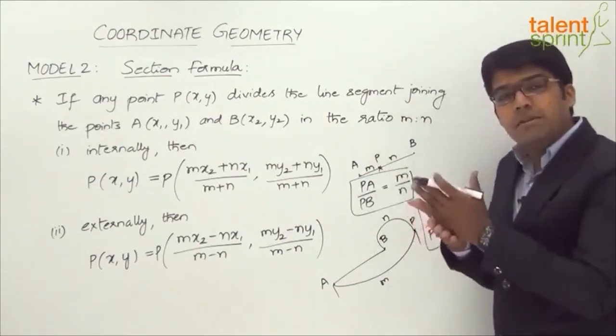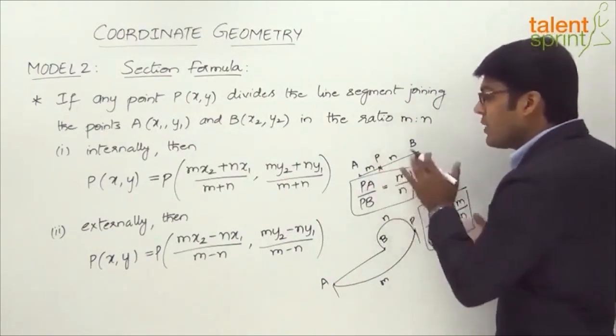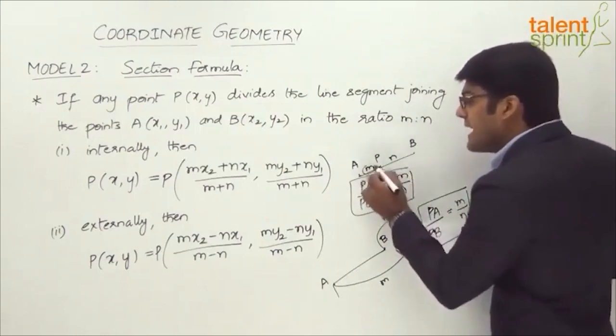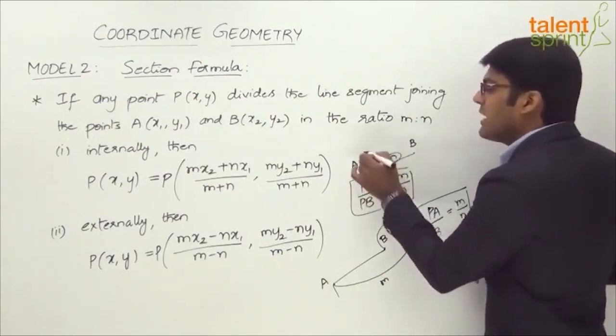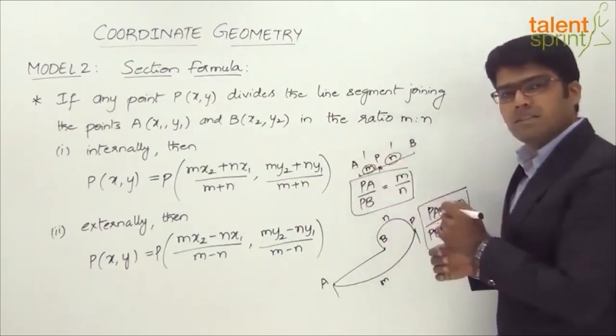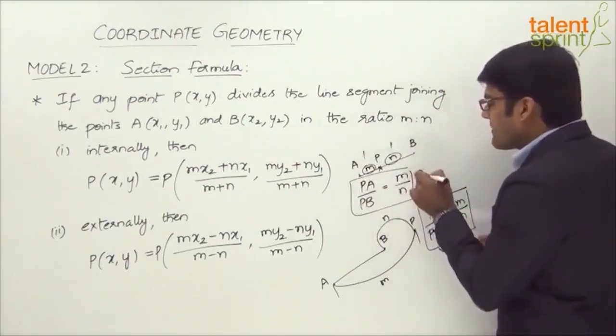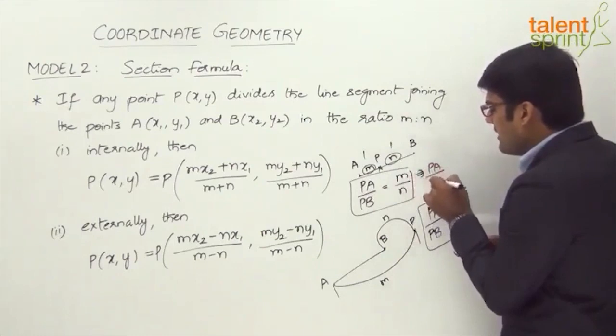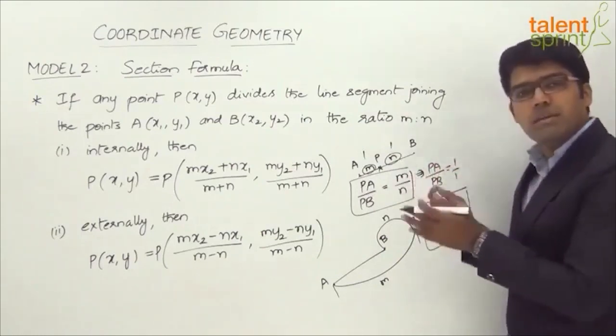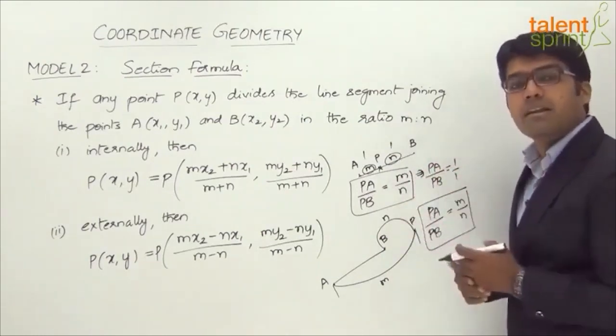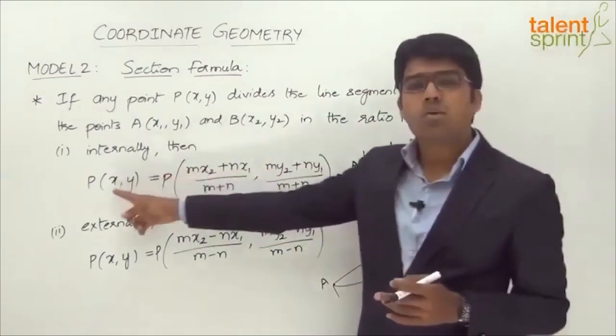It lies exactly between the 2 points A and B. In that case, m is to n will be equal to 1 is to 1. If it is a midpoint, PA by PB will be equal to 1 by 1, the ratio will be 1 is to 1. In that case, how can you calculate the coordinates of P?